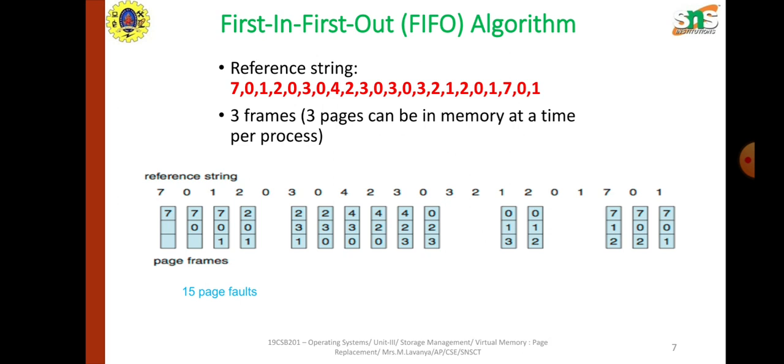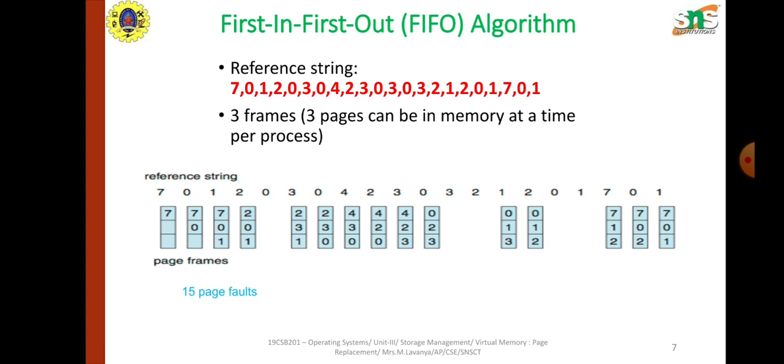Next arrival string is 7. While checking the frames, 0, 1 and 2 are the available data. Among them, 0 is the first arrived string. So we are replacing 0 with 7. Now the current data is 7, 1 and 2.